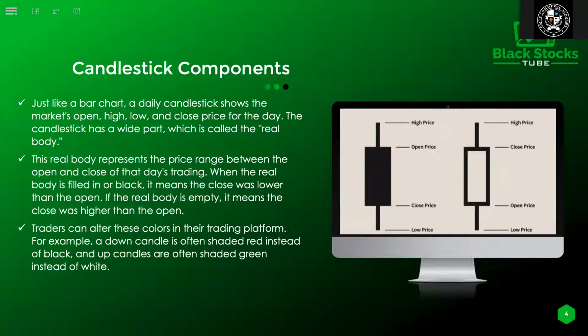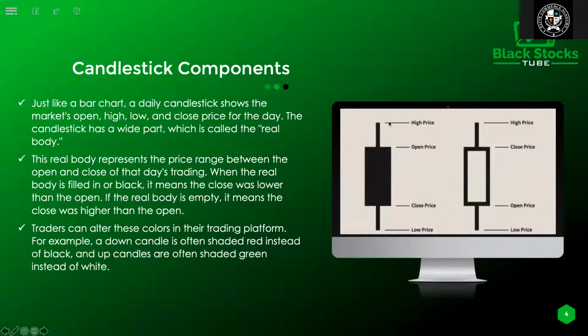Just like the bar chart, a daily candlestick shows the market's open, high, low, and close price for the day. The candlestick has a wide part, which is called the real body. So this part right here is the body. This big part, that's the body of the candle, all right?